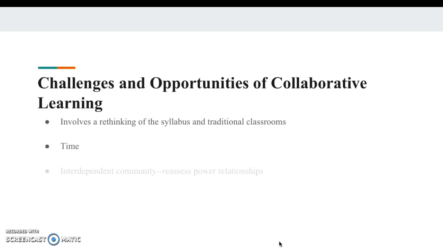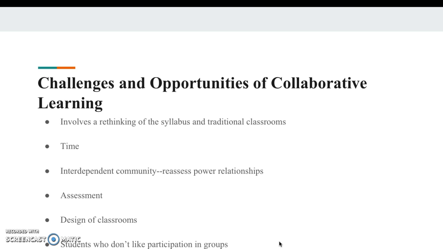Now, with every educational concept there are some challenges, but there's also a lot of opportunities. We talked about opportunities, the reasons why it's very good. But some of the challenges: it does involve a rethinking of your syllabus and traditional classrooms. This isn't the classroom that we maybe learned in, depending on age and experience.